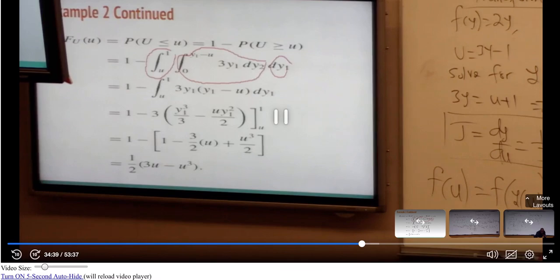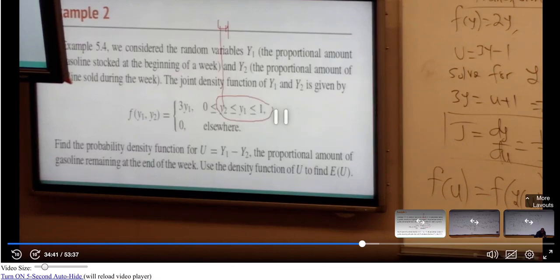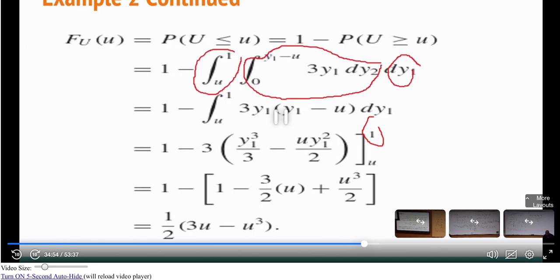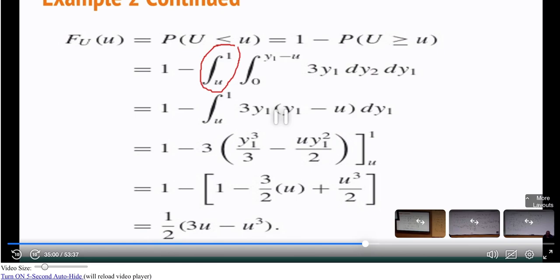If you come back here, you can see the highest is 1, right? Now, because we're using the idea of greater than U, it's going to start from U and end in 1. Let me clear this one first. You understand that one now?